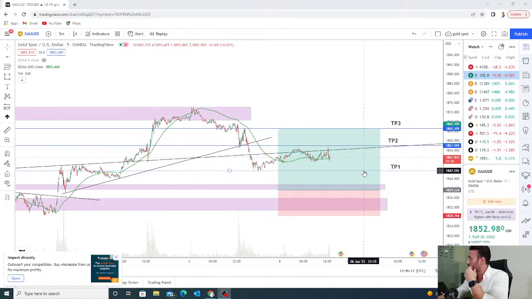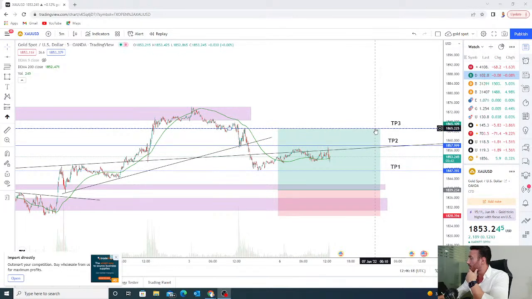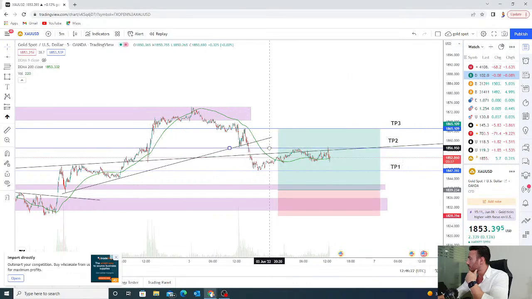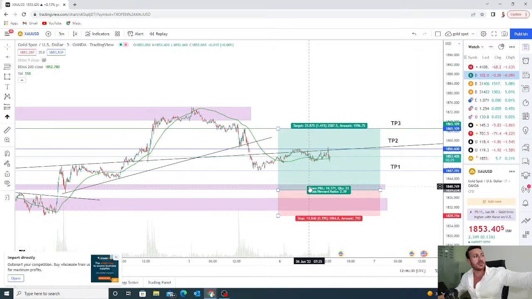My first target would be 1847, second target 1857, and third target 1865. If gold goes today to 1865 first, I will be selling.